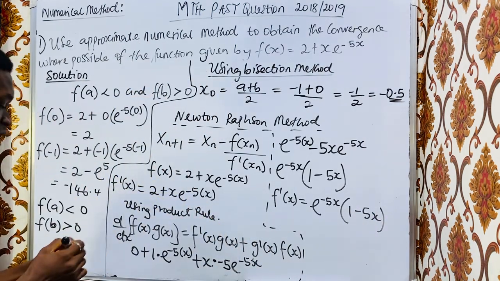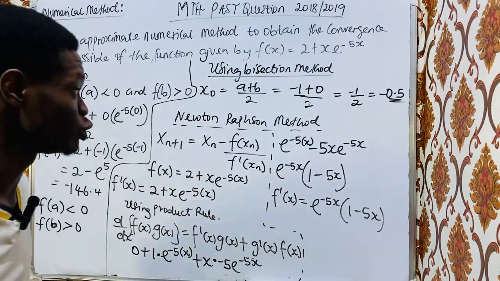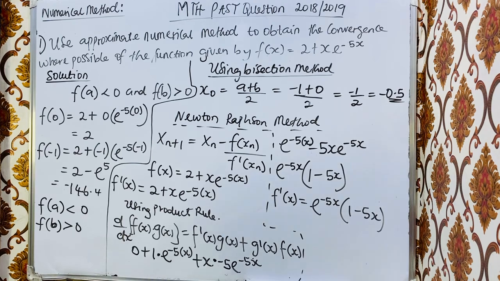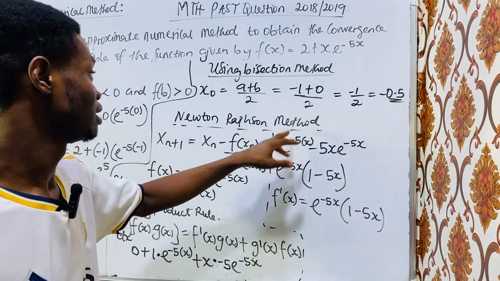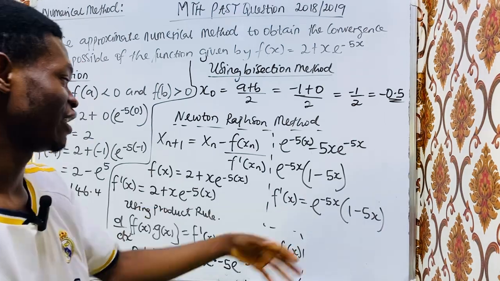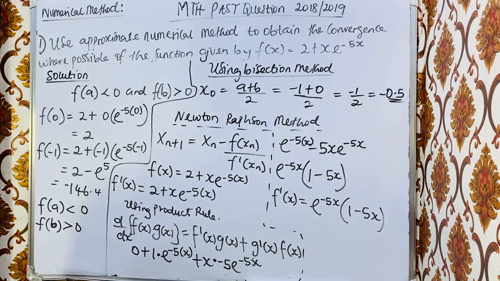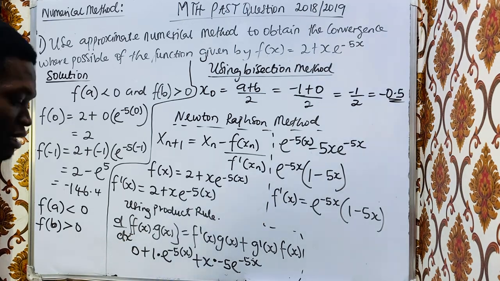So we have gotten the values that we are going to use to solve these questions. We have gotten our f of x, which is already in the question. So we have gotten f prime. So let's iterate for when n is 0.